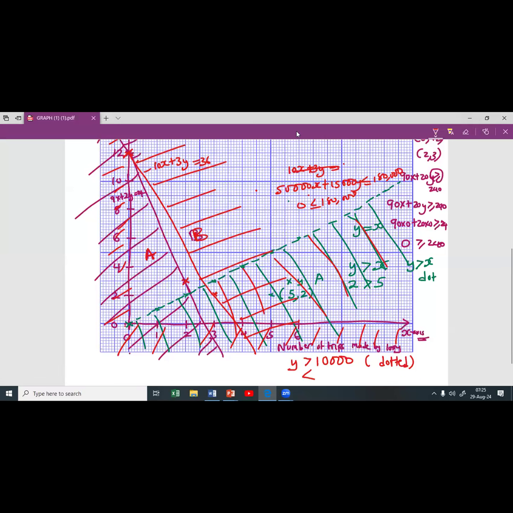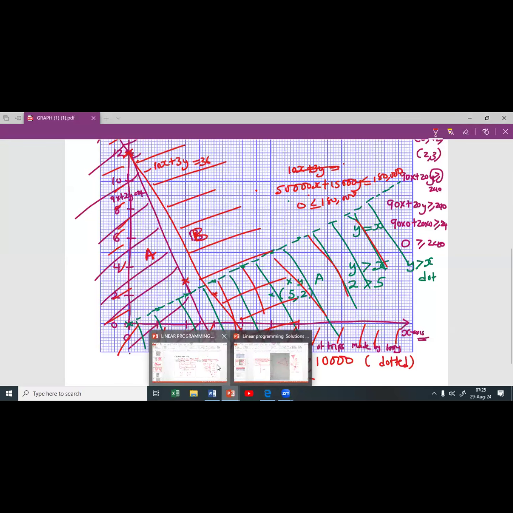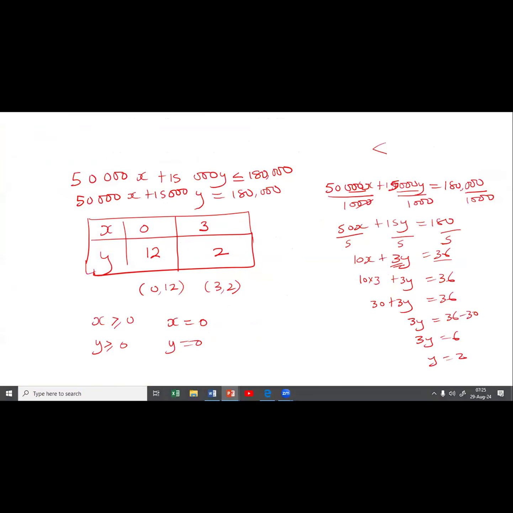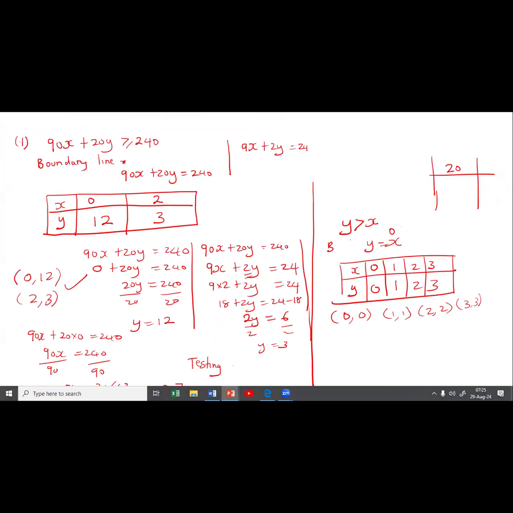Okay, sir, one more question. Sir, on the other calculations where you say that you got a point, I didn't understand the way you multiplied, for example, 10 times 3. Which point? First go back to the other calculations of 90x plus 20y is greater or equal to 240.